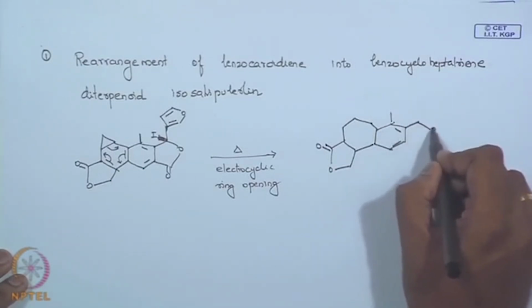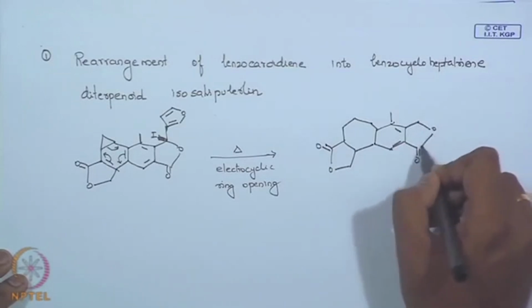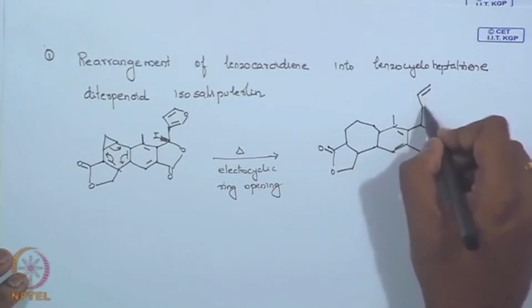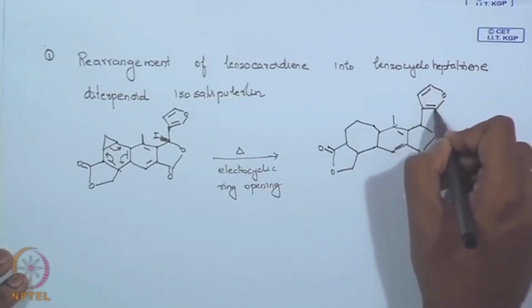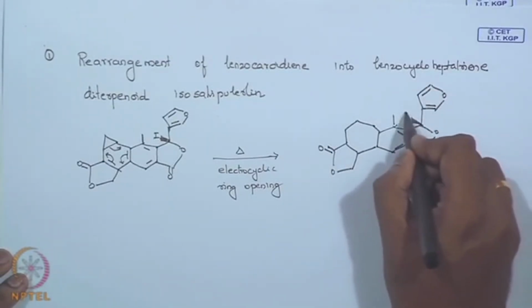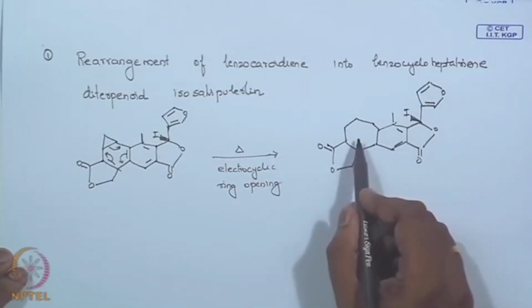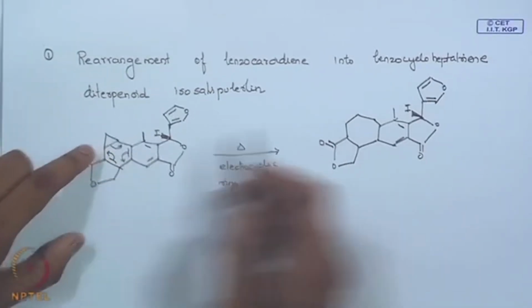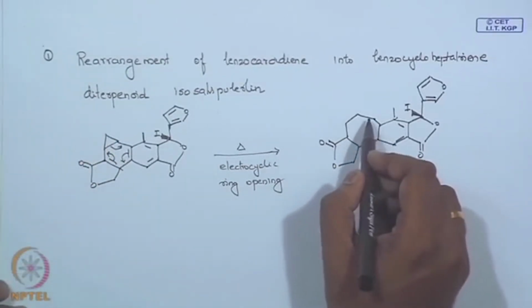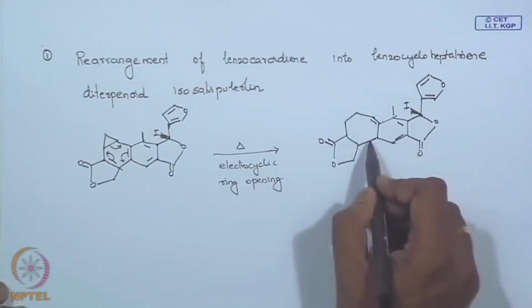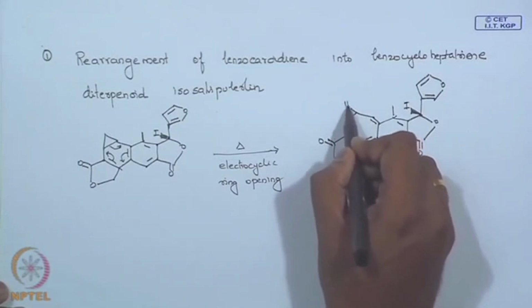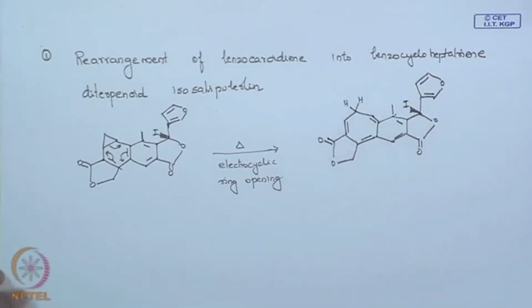This will be exactly the same, nothing will happen here. Now what happened here? Where you had the double bond, you have moved it across. So you have a double bond here, a double bond here, and a double bond here. You have 2 hydrogens here. Clear? So you got this product.